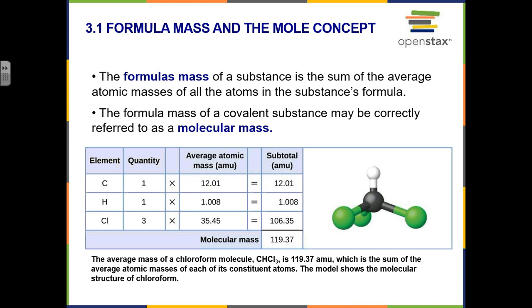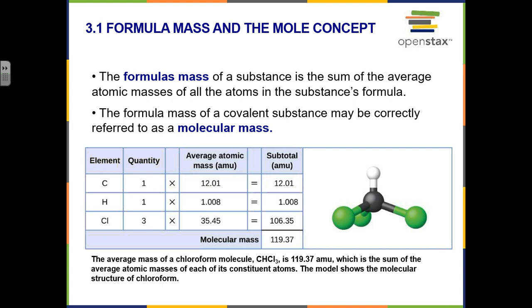The other thing you'll need to be able to recognize is the feature of subscripts, which was addressed in a previous presentation. Subscripts are just the numbers that indicate the quantity of elements involved in that particular compound. For instance, in this cited example, we have a chemical formula that is CHCl3, which is carbon, hydrogen, and chlorine.